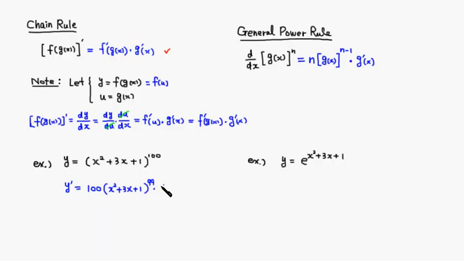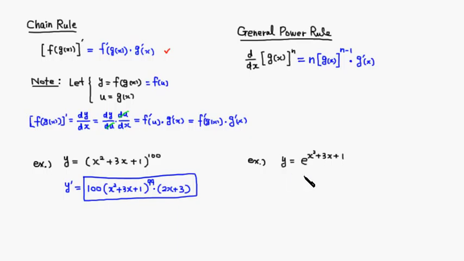Then multiply by the derivative of the inside function: the derivative of x squared is 2x, the derivative of 3x is 3, and the derivative of 1 is 0. That's the derivative.